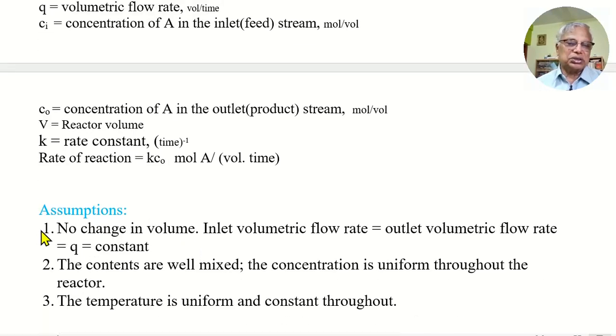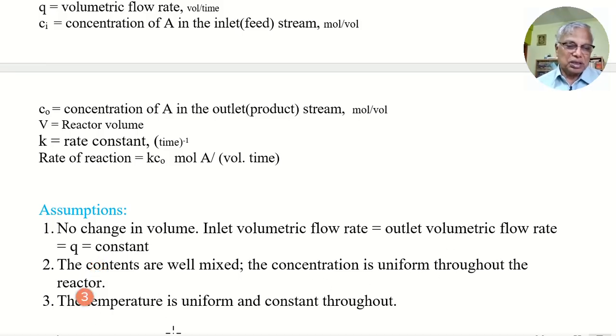So these are the assumptions. First, there is no change in volume. The flow rate is constant throughout the reactor, so the inlet volumetric flow rate is the same as the outlet volumetric flow rate, and that is equal to a constant Q. The second, the contents are well mixed, so the concentration is uniform throughout the reactor.